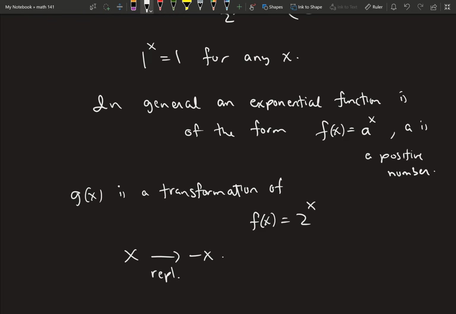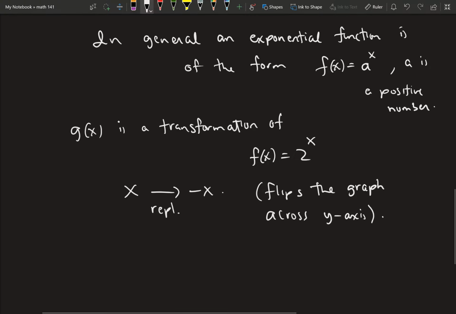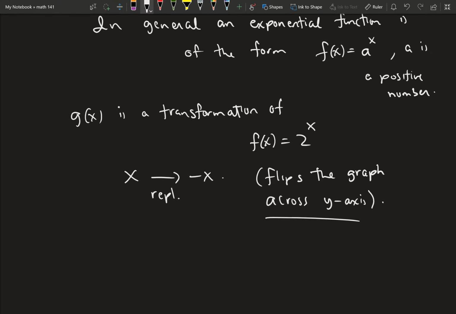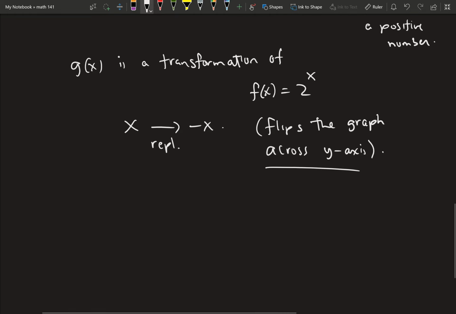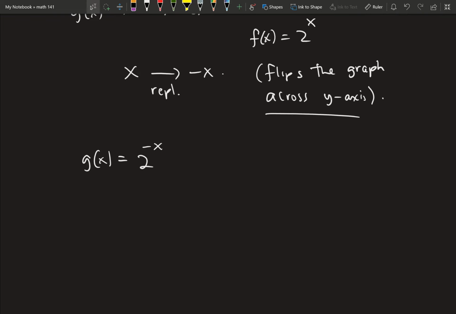And remember, when we replace x with minus x, it just flips the graph across the y-axis. Hopefully that's something we recall from one of the previous chapters, but let's do it from scratch, and we'll see that it is exactly what we said. It's the flip of the other graph.